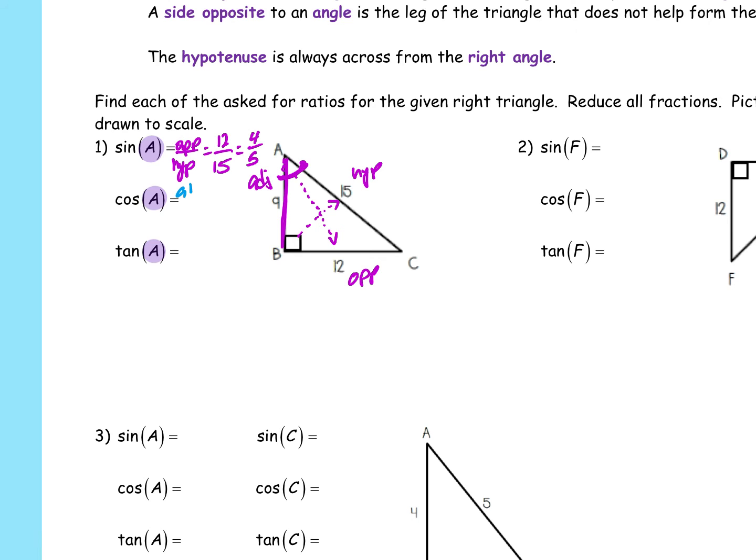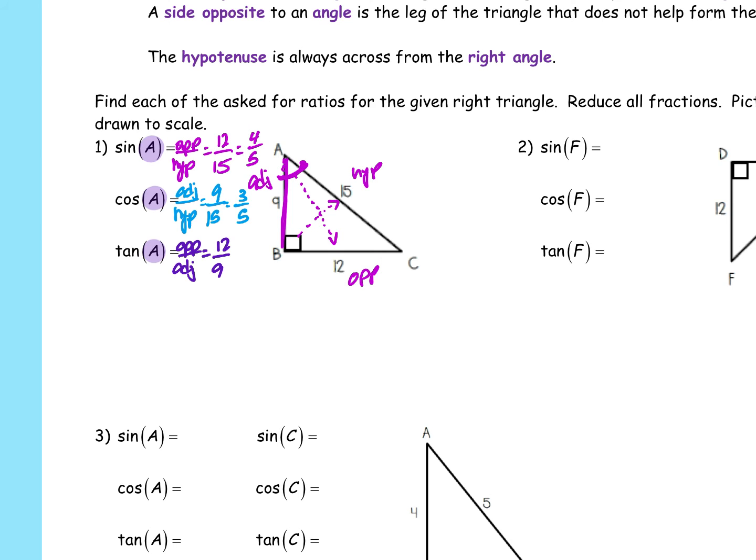Cosine is adjacent over hypotenuse. I should have just written this underneath it. Oh, well. My side adjacent is 9. My hypotenuse is still 15. And 3 still goes into both of them. So this would be 3/5. Beautiful. And then tangent is opposite over adjacent, which is my opposite side is 12.